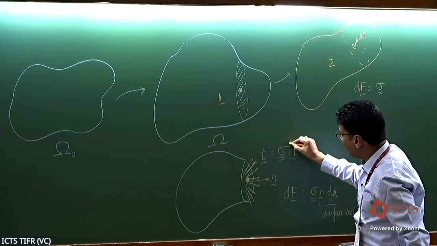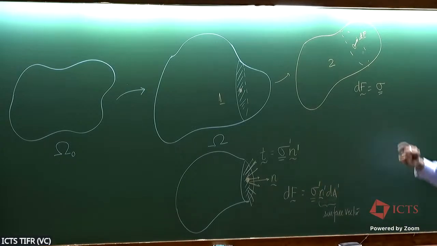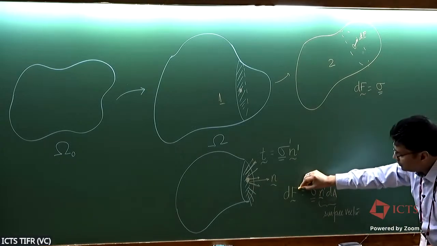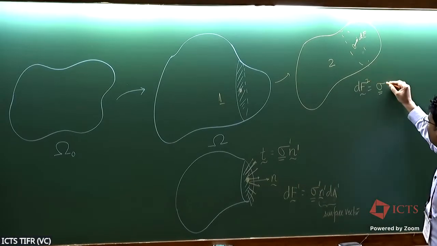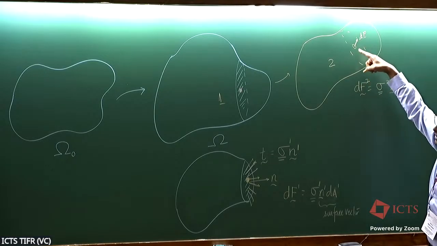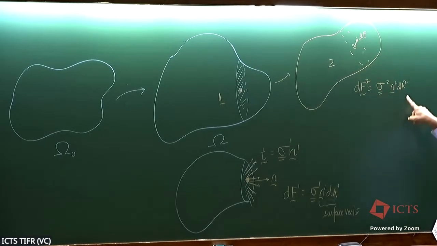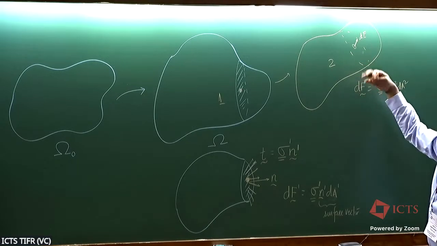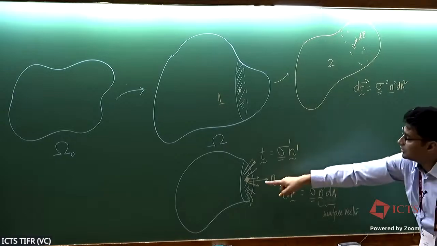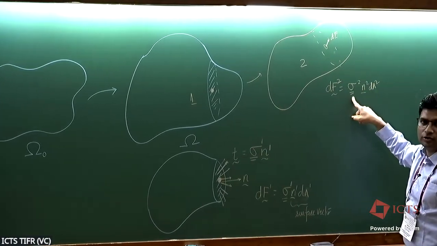So in configuration 1, dF1 equals sigma 1 N1 dA1. Then dF2 is equal to sigma 2 N2 dA2, because that same surface would have changed its area, because it is deforming. It becomes dA2. The normal has also deformed. It was N1 here, but it is now N2. And of course, the Cauchy stress tensor would change.